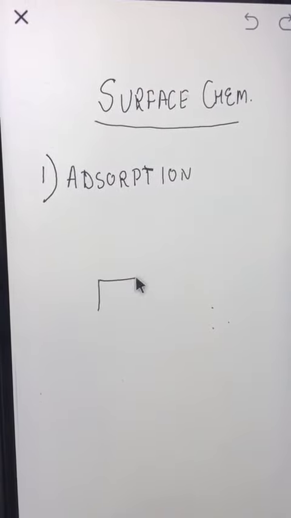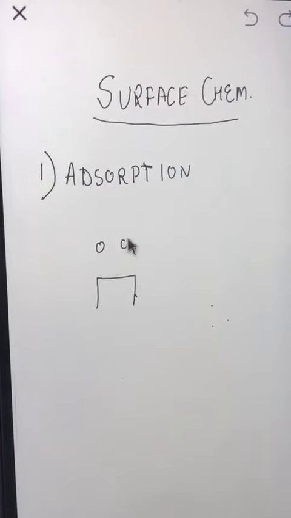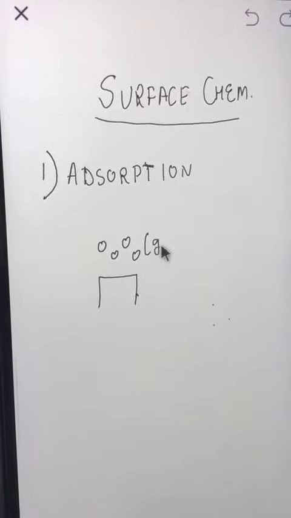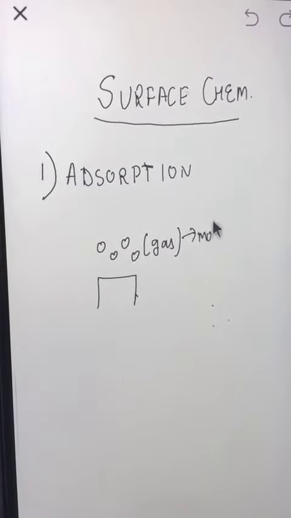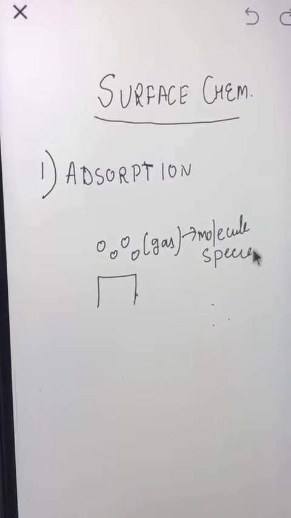So for example, I have a solid surface present. Let this be a solid surface. And let us say around the solid surface, there are certain particles present. You can say them to be gas particles, or let me say them to be a molecular species. Fine. So this is a solid surface.